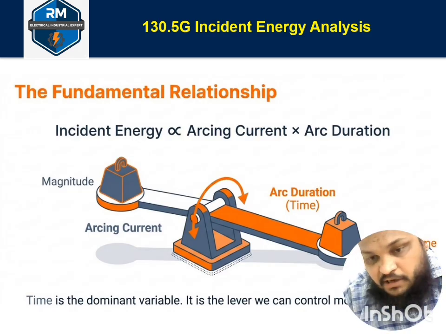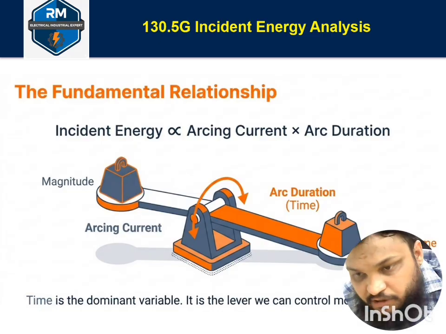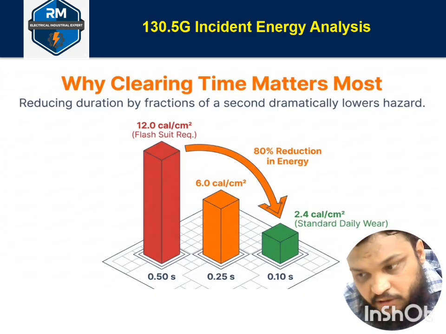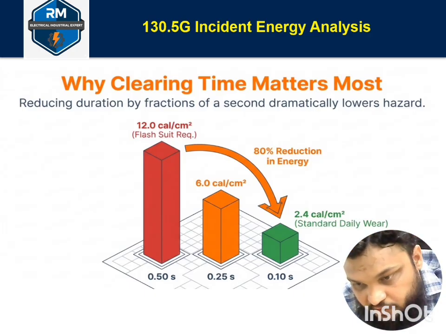So by controlling the time of the relay to clear the fault, we can reduce the incident energy. This histogram or graph shows how the incident energy is reduced by reducing the delay or fault clearance time. Look at that, at 0.50 second on the red, the incident energy is 12 calories per centimeter square, and when we reduce the time to 0.25 second, the incident energy reduces to 6 calories per centimeter square.